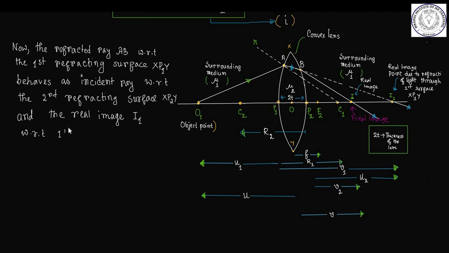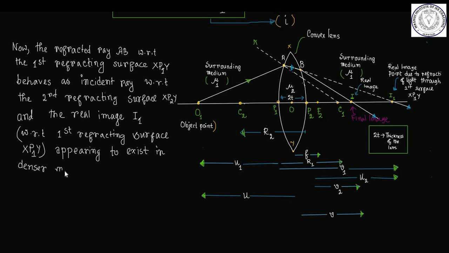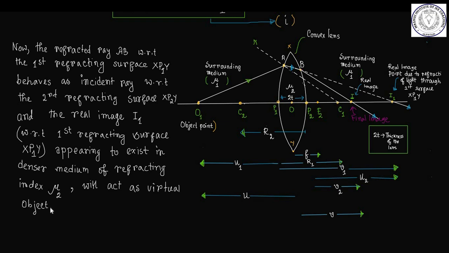The real image I1 with respect to the first refracting surface, assuming there is no second refracting surface, appearing to exist in the denser medium of refractive index mu2, will act as a virtual object.